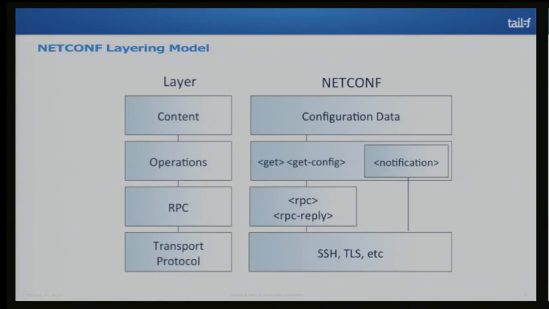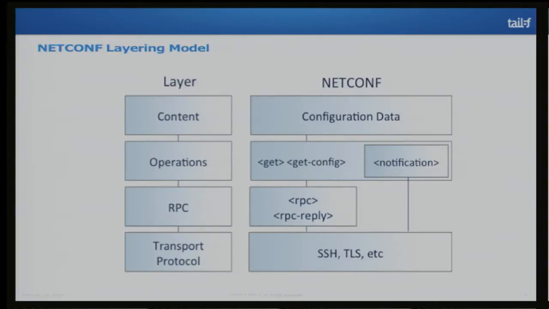Of course, it's got a layering model, right? We want to make sure that this is something people understand, so you will see that we make a big difference between the transport protocol and the RPC mechanism. There's a couple of protocol bindings or transport bindings here, out of which SSH has really come out on top, even though we see people being interested in TLS. BEEP and SOAP were part of the original set, but that never took off for some reason.